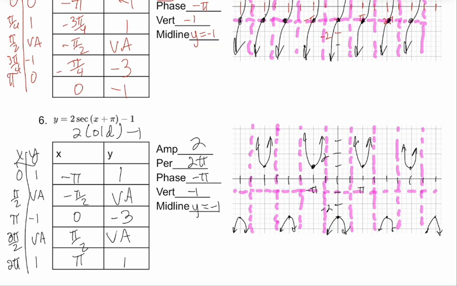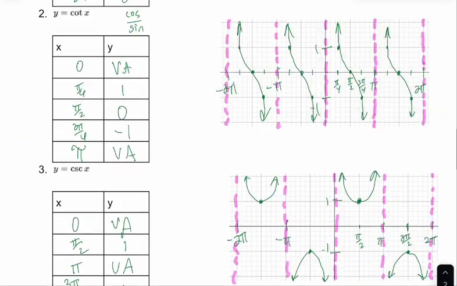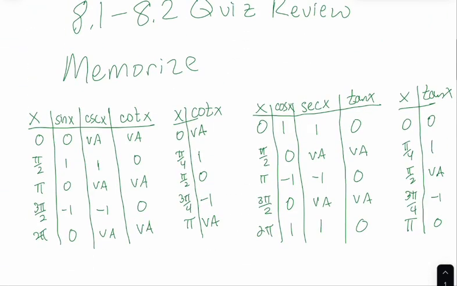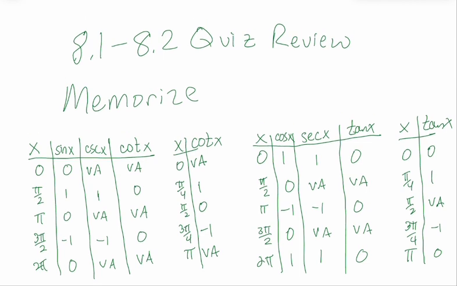Those will flip-flop, but nothing else about the setup is going to flip-flop. So please study tonight. Make sure you know this. Make sure you have that, okay? And that's what the quiz is going to be like.